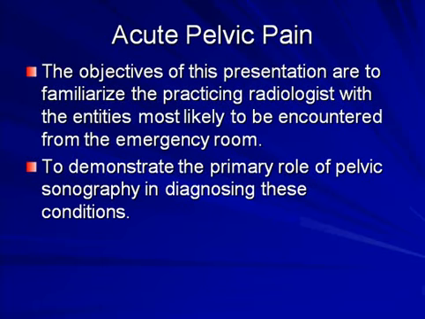The objectives of this presentation are to familiarize the practicing radiologist with the entities most likely to be encountered from the emergency room, as well as to demonstrate the primary role of pelvic sonography in diagnosing these conditions.